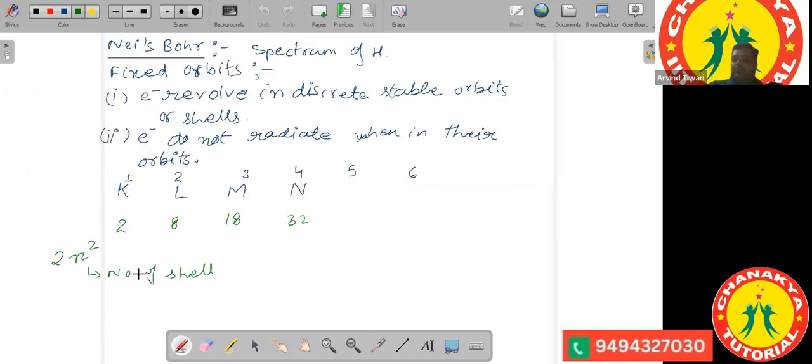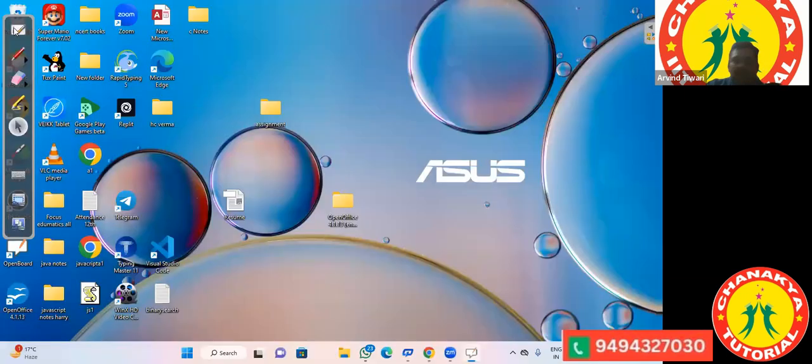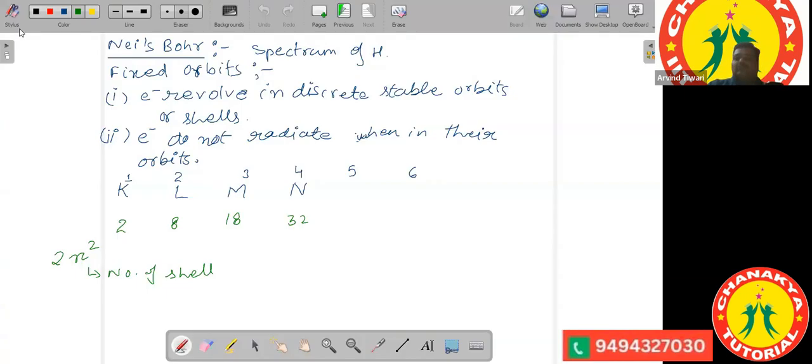Okay. So, Smith, what will be the number of electrons in the fifth shell? If there is a fifth shell, how many electrons shall be there?